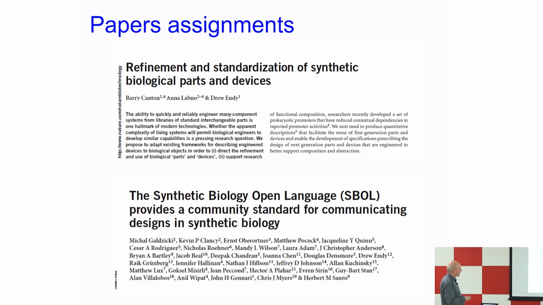And he proposes some examples, not many of them, of what would be an ideally characterized part. And he shows some examples and discusses a problem here, the problem of context sensitivity, as I mentioned before. You can compare the properties of one device and the other if you do it exactly in the same context. The moment that you change the context because you use a different host, a different temperature, a different medium or whatever, then standardization starts to have problems, okay?